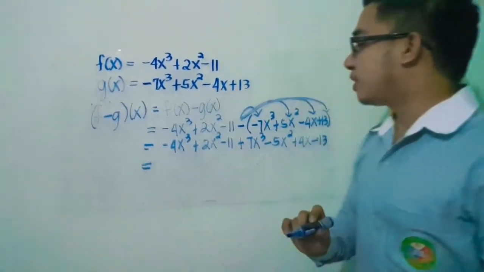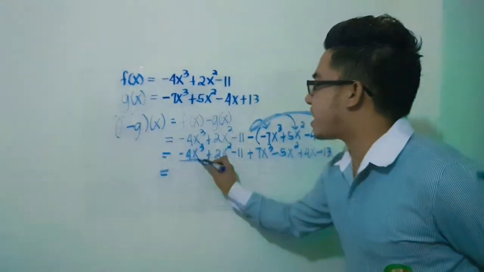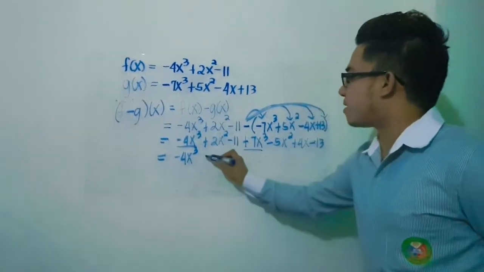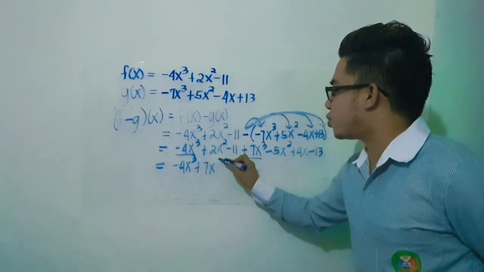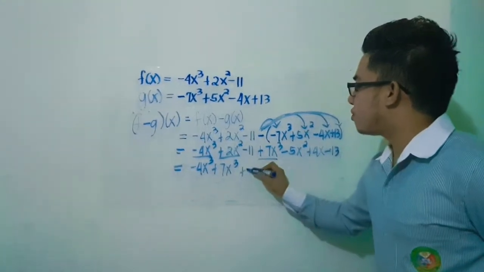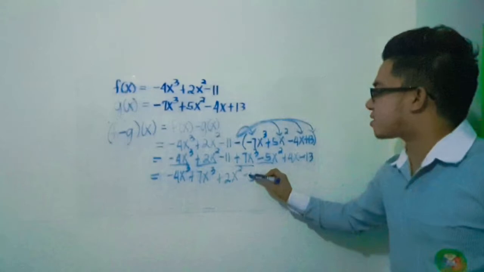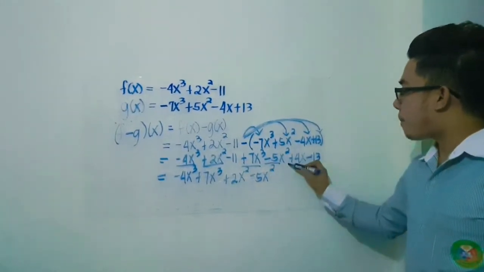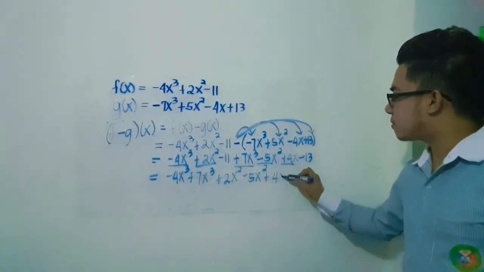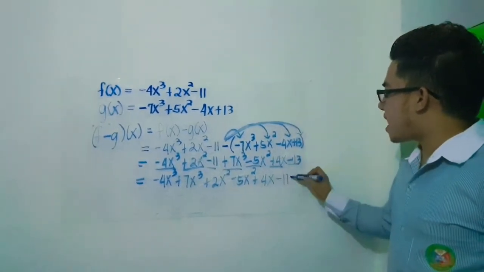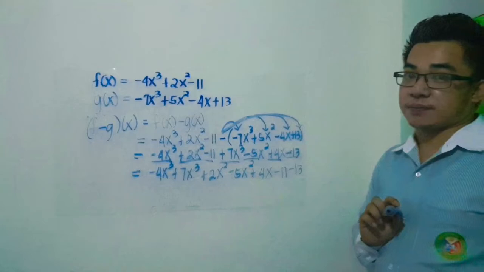Then, collect like terms. Negative 4x cubed and positive 7x cubed. Positive 2x squared and negative 5x squared. Positive 4x and negative 11 and negative 13.